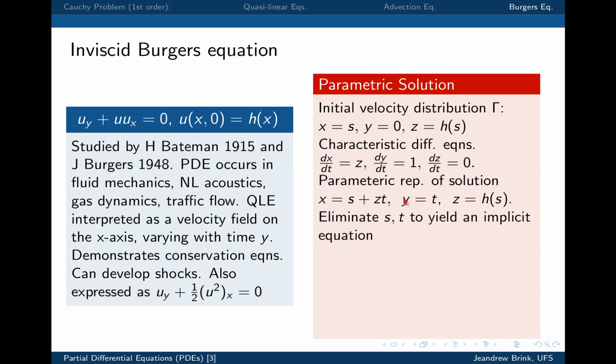And you can use this function next. So t equals y. z is a function h of s. Here I'm replacing z with u on a parametric surface, and then I'm saying s equals x minus ut. So this is an implicit equation.